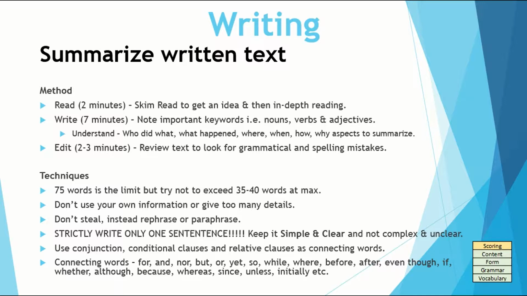You will be judged on the content that you write, the form, grammar that you use, and vocabulary. The form mainly consists that you write less than 75 words and it should be a single sentence. Now that we know a fair bit of scoring, let's understand some important techniques.